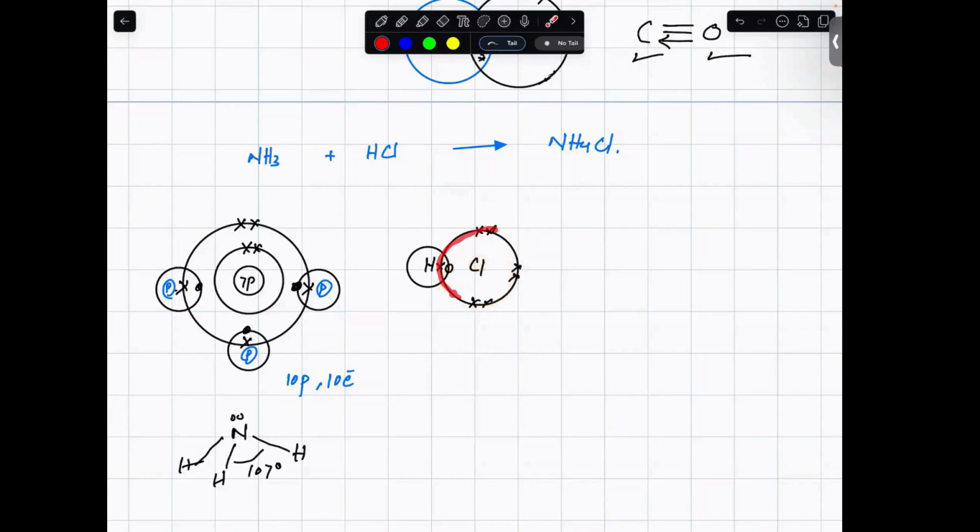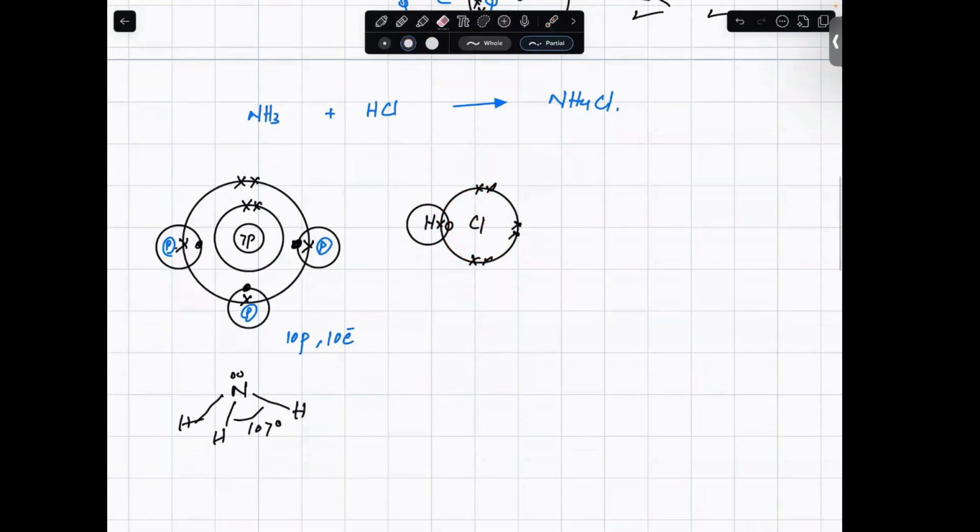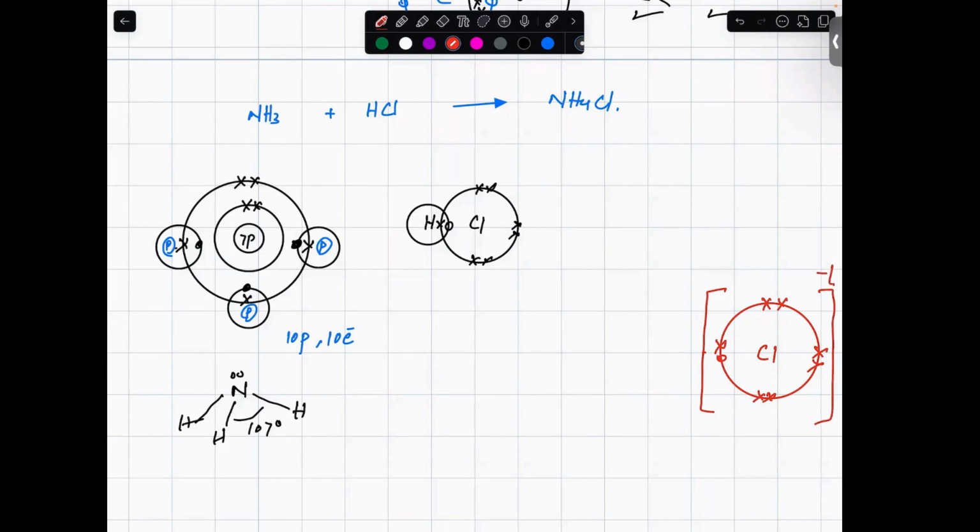The 7 are its own electrons, 1 electron is of hydrogen. So it becomes Cl negative. I'm making it red, right? This is Cl negative having its own 7 electrons and 1 from hydrogen. It becomes -1.